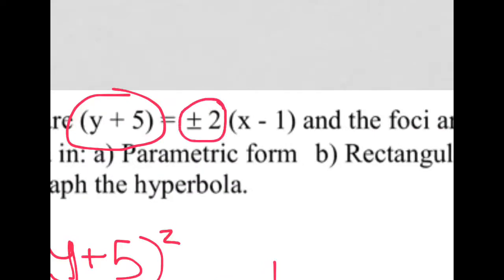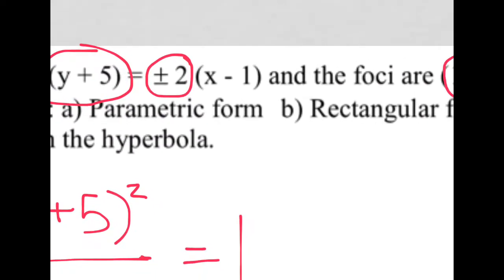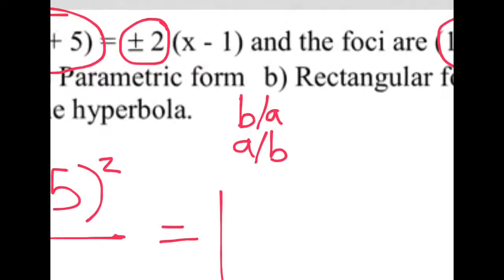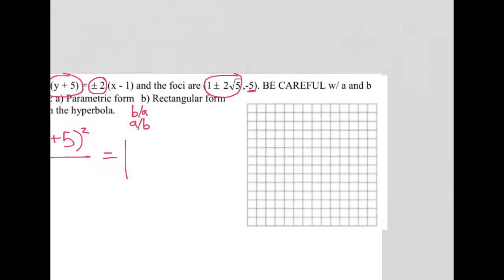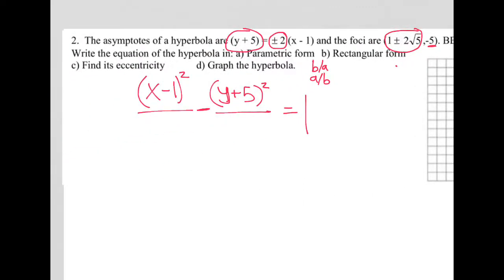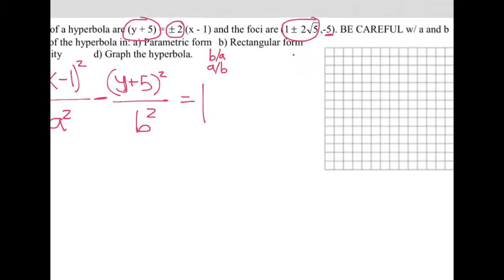Now I need to figure out what those denominators should be, and to do so I need to use this slope. So remember that the slope is always in the form of either b over a or a over b. And which is which? Well, you need to think about the hyperbola in question. First off, remember that your a value is with the positive term and your b value is with the negative term.